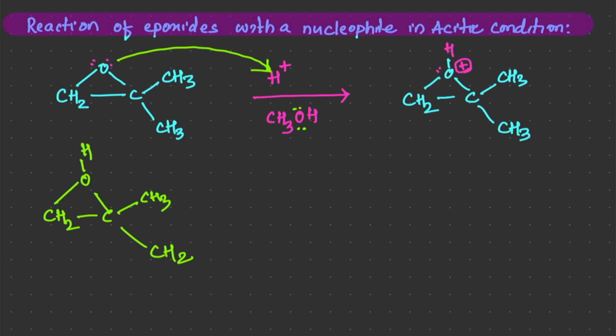So let's look at this intermediate here. You notice there is a positive charge here. As soon as you develop a positive charge, it wants to pull the electrons towards itself. So now this bond here is partially broken. If it is partially broken, oxygen would have a partial positive charge instead of fully positive, so it's partially neutralized.